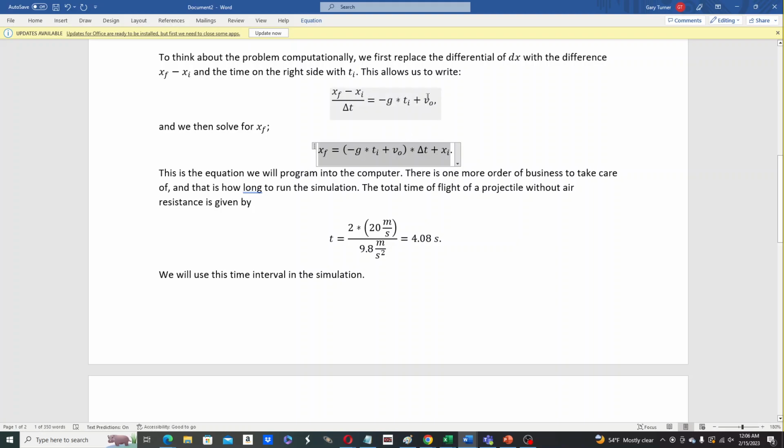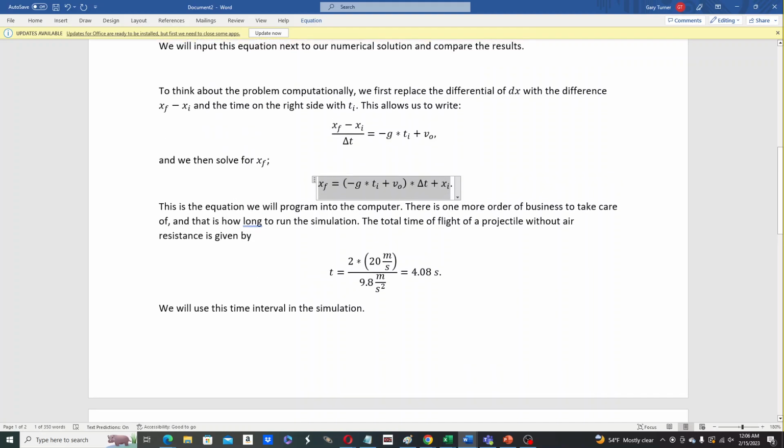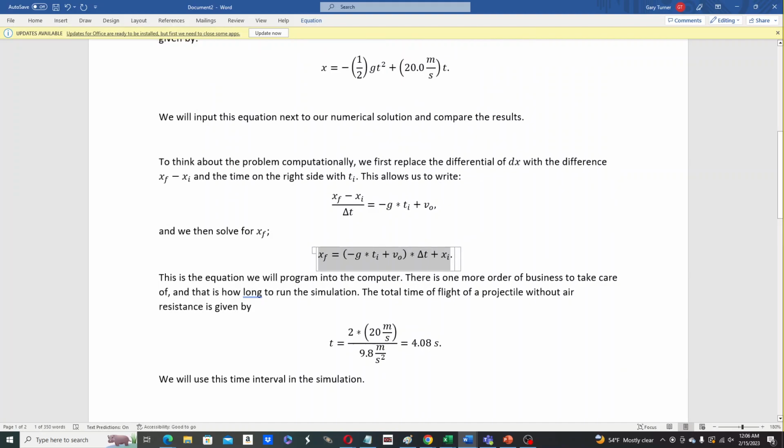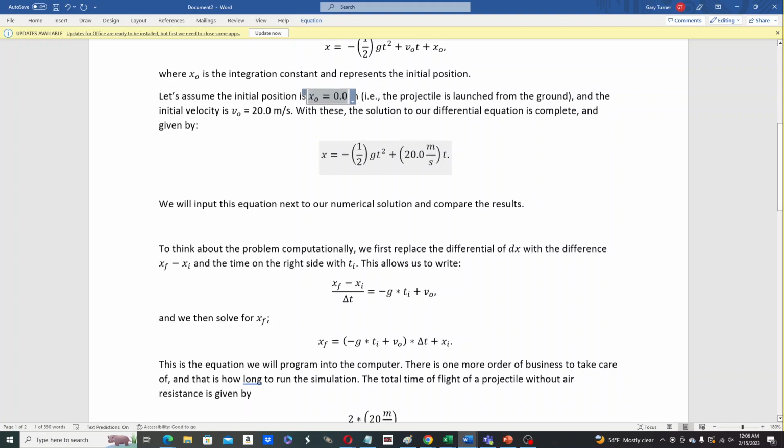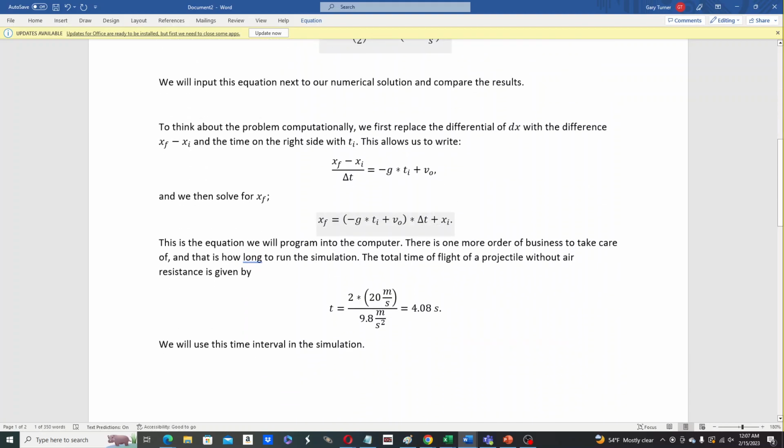I have to know the initial velocity, which we've set to 20, and my initial position, which I have set to 0. And I'm going to say, let this be 0, and let this be 20, and let this be my first time.